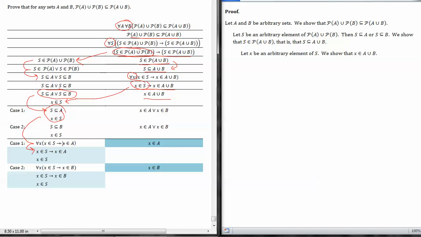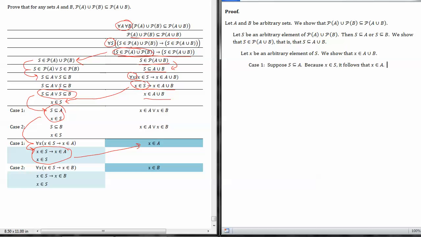And our goal in doing that was to take that together with x in S, which came from over here, and to do modus ponens and arrive at our goal x in A. Okay, so the first case, and we will literally write case 1 just like that, is, well, we suppose that S is a subset of A, and then that brought us this conditional, and combining that with x in S, so because x is in S, it follows that x is in A.